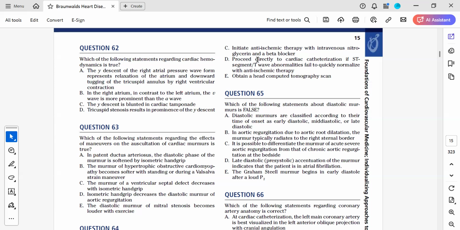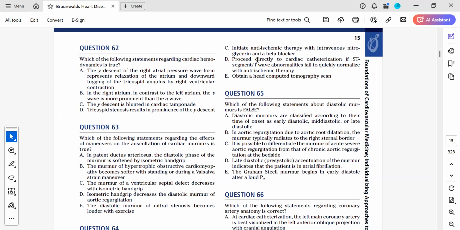In atrial fibrillation, there is no organized atrial contraction, so there will be no pre-systolic accentuation. So this option is false. That's the false option.